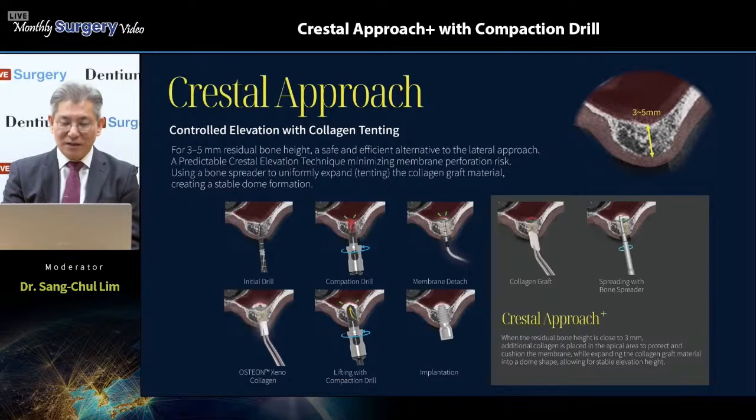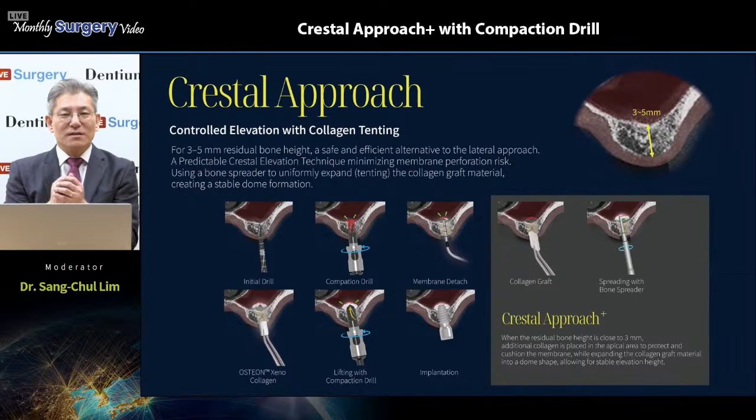Maybe the suspected perforated membrane will be covered. If a suspected perforated membrane exists, actually it will be covered and prevent some tendency of membrane perforation. Both cases can be overcome.